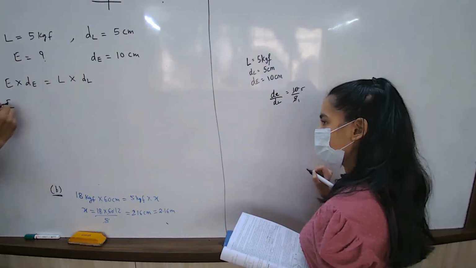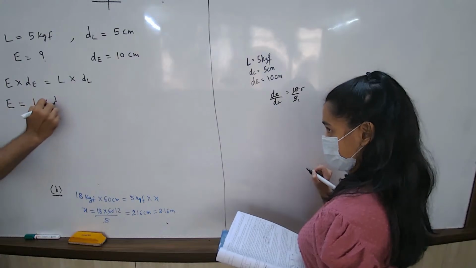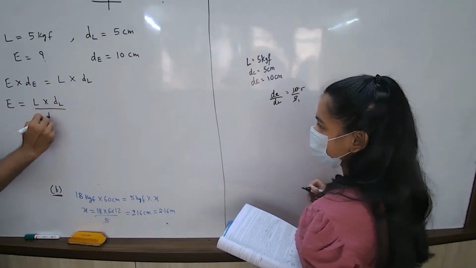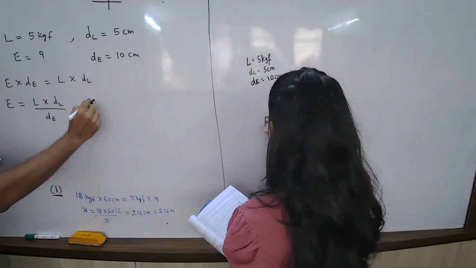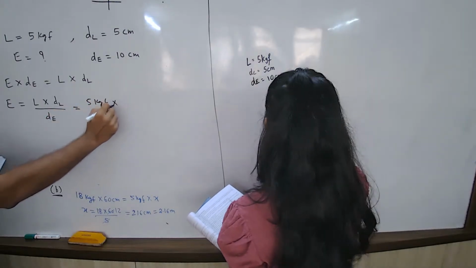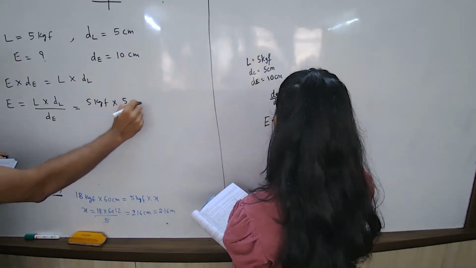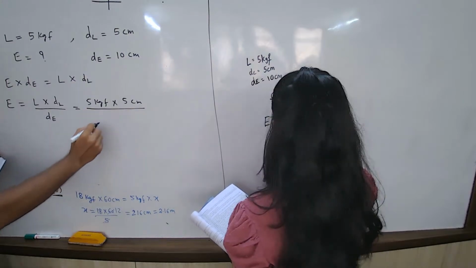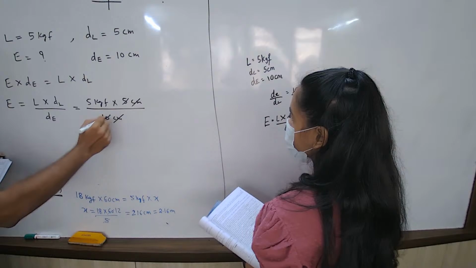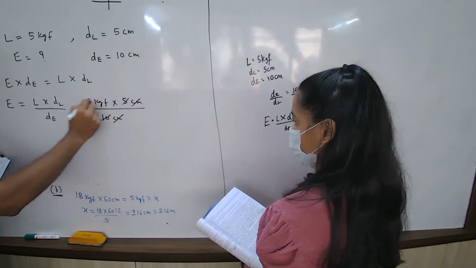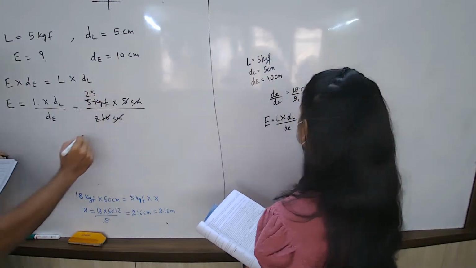Therefore एफर्ट इज इक्वल टू L इनटू DL अपॉन DE. तो सब्स्टिट्यूट करो. L कितना है हमारा? 5 kg. DL कितना है? 5 सेंटीमीटर. DE कितना है? 10 सेंटीमीटर. सब यूनिट्स खत्म हो गया. तो ये कितना आ गया? 2.5 kg है.